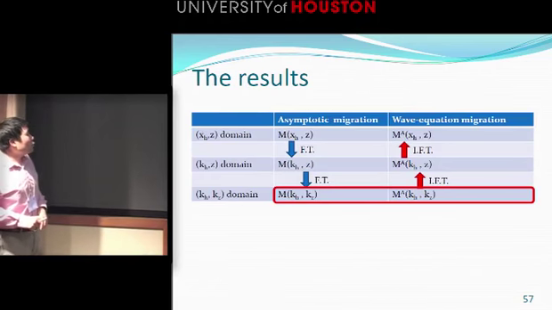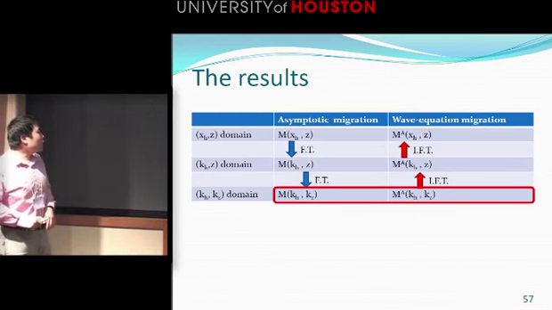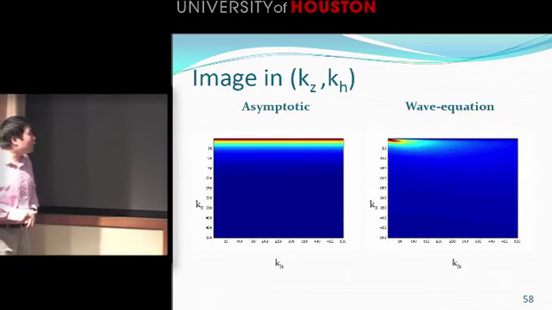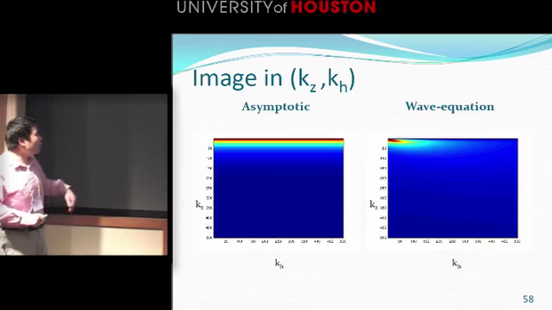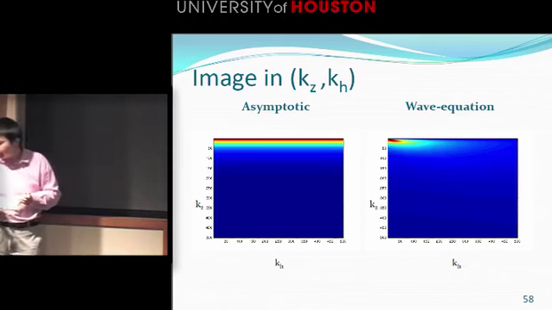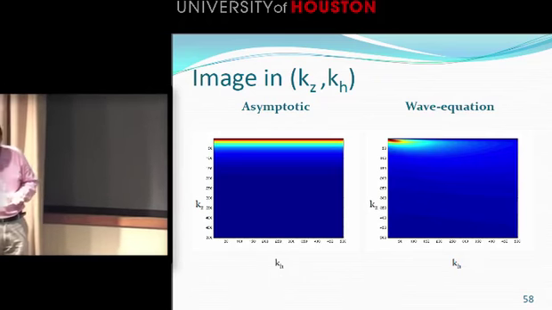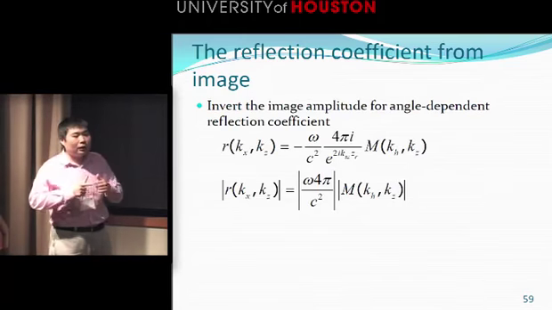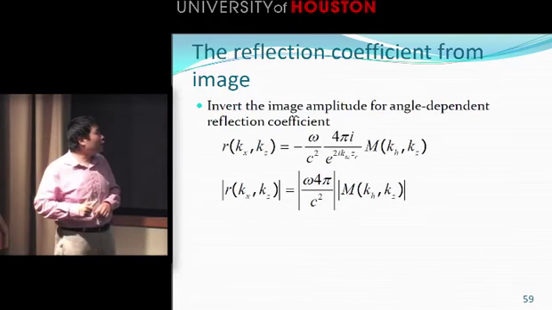Then we do a further Fourier transform, bringing the result into the wave number domain. Here is the result in the wave number domain. The vertical axis is kz, that's the vertical wave number, and this is kh, the wave number of the subsurface offset. And we want to get the angle-dependent amplitude information.